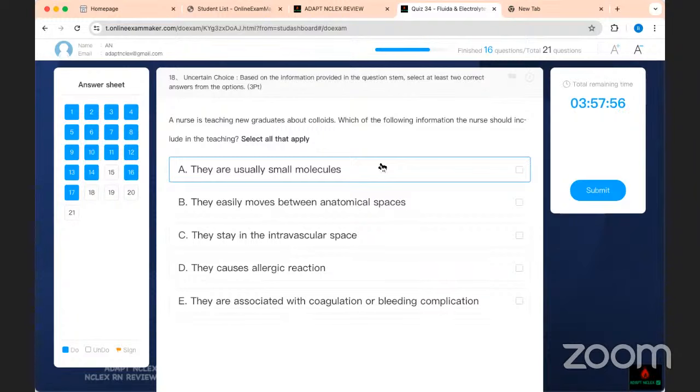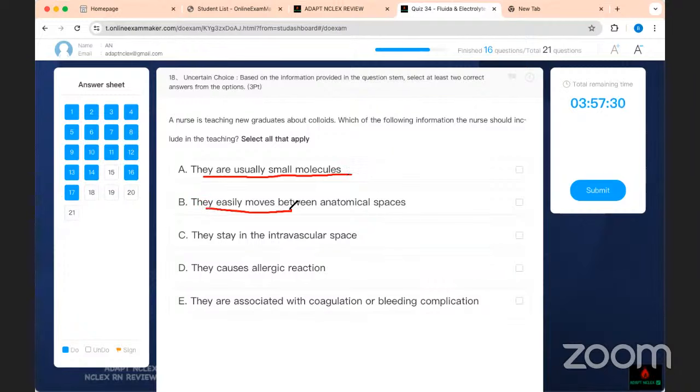A nurse is teaching new graduates about colloids. Which of the following information should the nurse include in the teaching? Select all that apply. So this is what I just said. Colloid medications are very big molecules. They cannot easily move from one place to another because they're big.